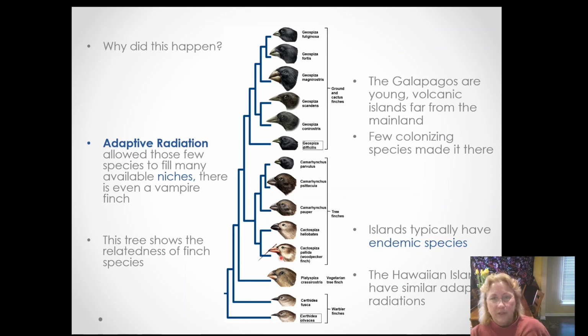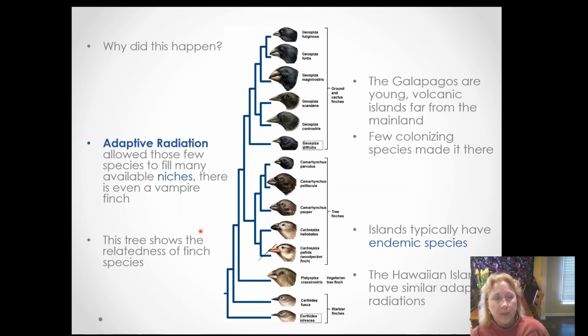And birds evolved to fill those open niches because there's food available, and particular individuals that had slightly larger beaks that could eat a food source that other members of their species couldn't eat would have survived and produced more offspring.